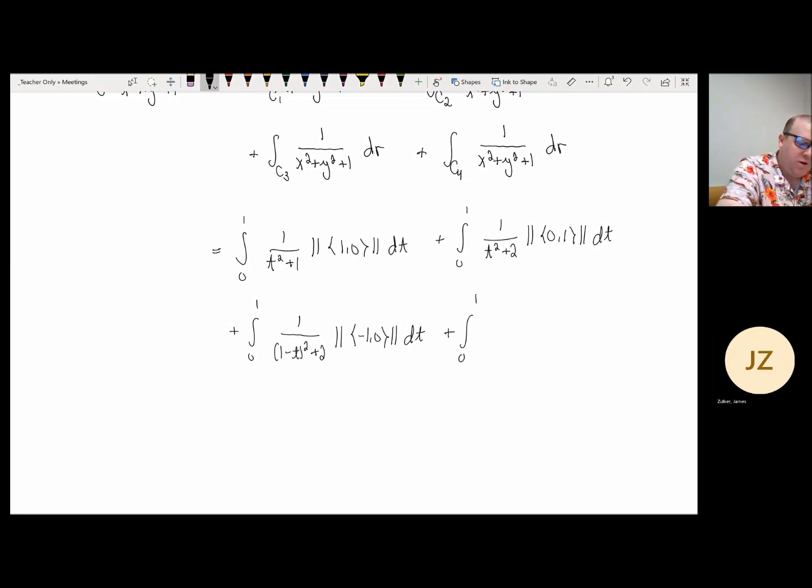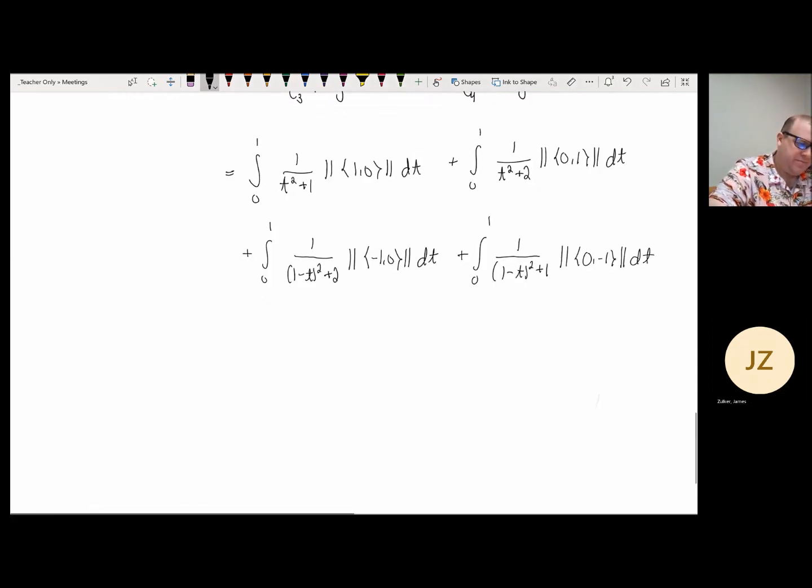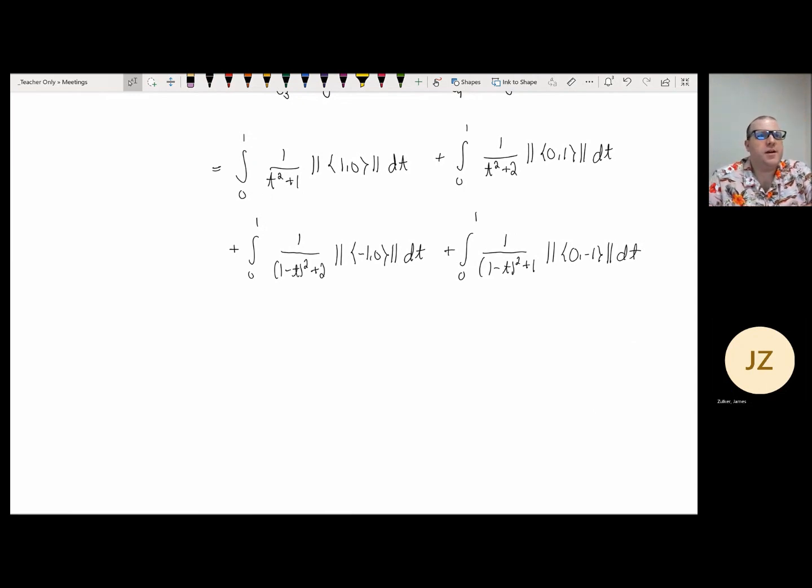And then C4 was 0, 1 minus t. So there's the setup. Now it's just a matter of evaluation. Notice each of these magnitudes is 1, right? That's nice.